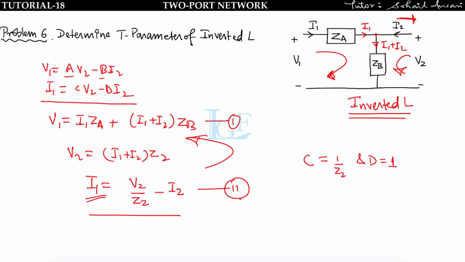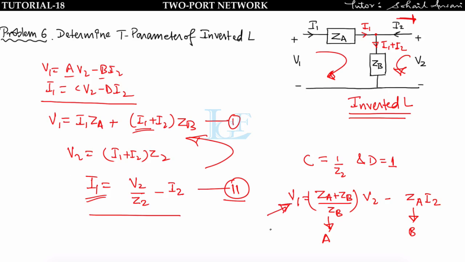If you put the value of I1 from equation 2 in equation first, you will get V1 is equal to ZA plus ZB upon ZB into V2 minus ZA I2. So this will be A and this will be B. Simplify and you will get the same. In this way we can find the ABCD parameter, that is known as the T parameter of the inverted L.